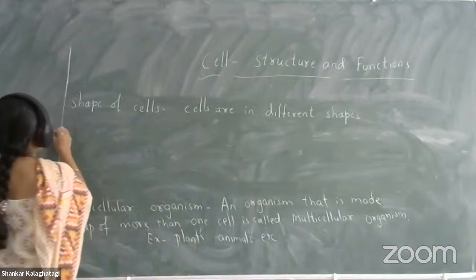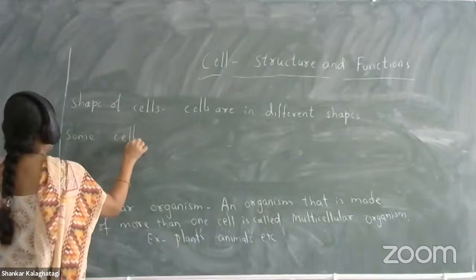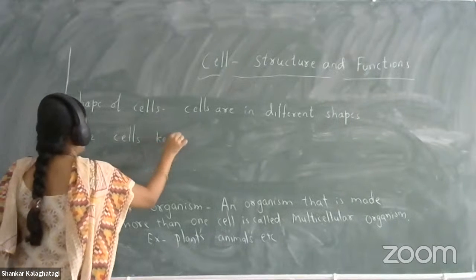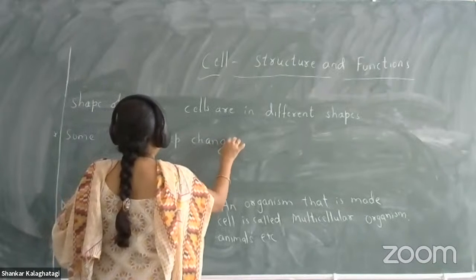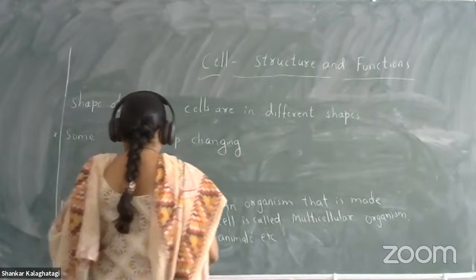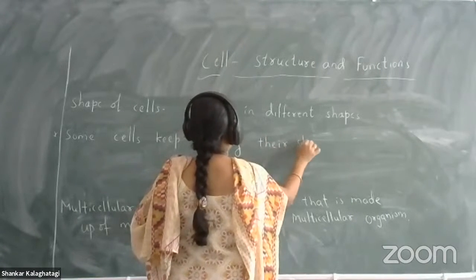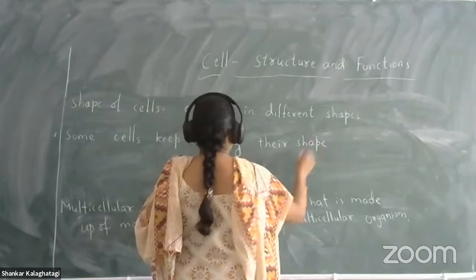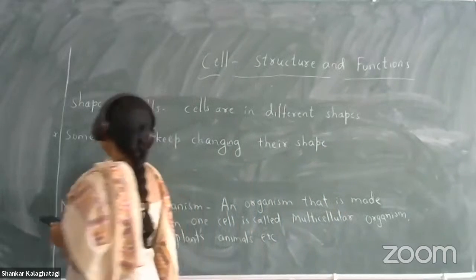Some cells keep changing their shape. Example, amoeba.